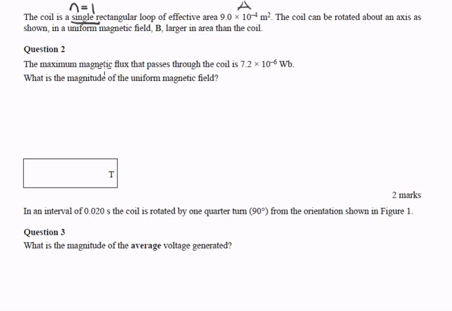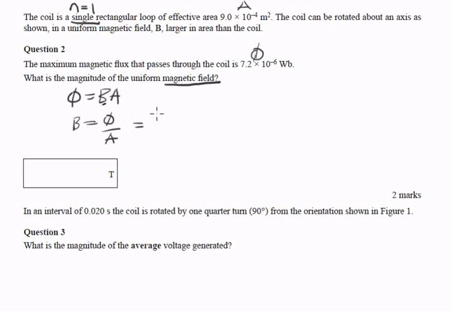Question 2 tells us the maximum flux that can go through the coil. What's the magnitude of the magnetic field? This is a flux question, but they're asking us for the field, not the flux. So we have to rearrange. If we divide both sides by A, we get B equals flux over area.